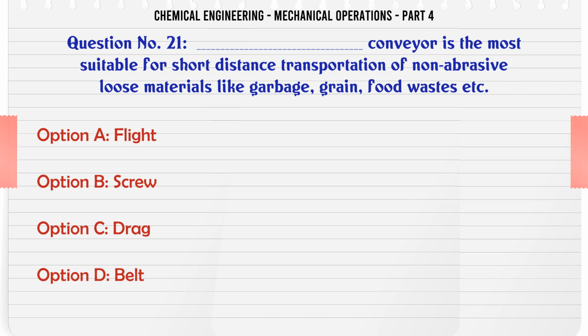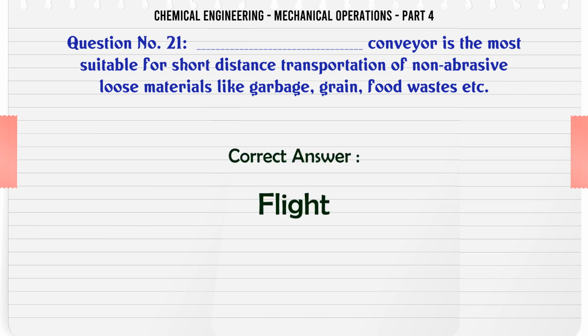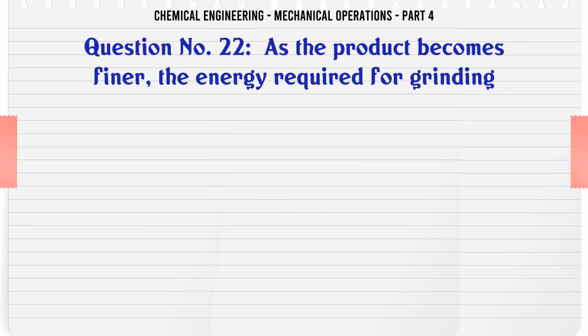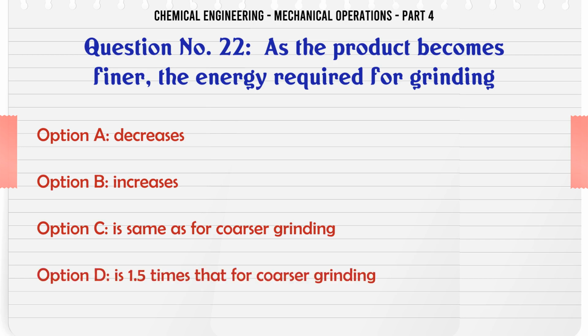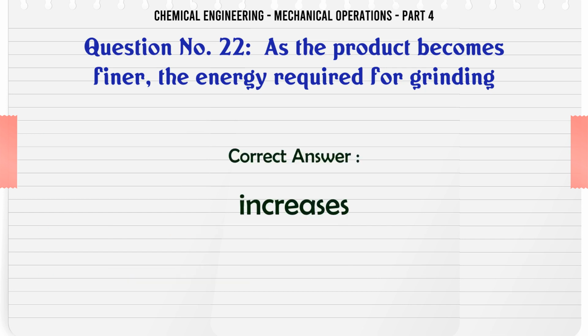C. Drag. D. Belt. The correct answer is flight. As the product becomes finer, the energy required for grinding A. decreases. B. increases. C. is same as for coarser grinding. D. is 1.5 times that for coarser grinding. The correct answer is increases.